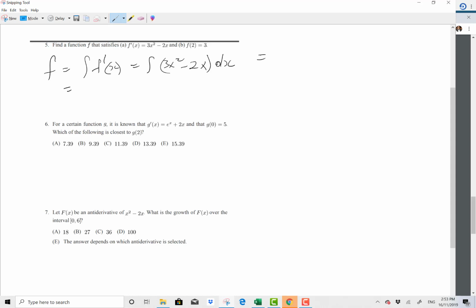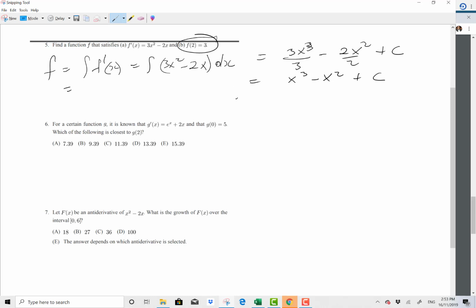So to integrate that, I'm going to get 3x cubed divided by 3 minus 2x squared divided by 2 plus c. So simplify, I'm going to get x cubed minus x squared plus c. Have this condition here.